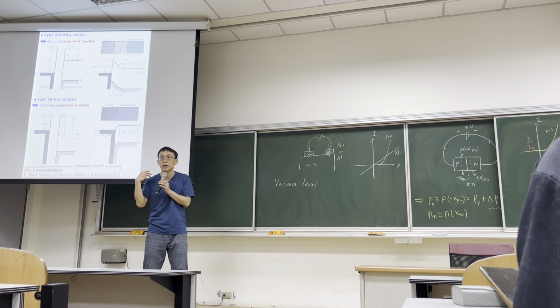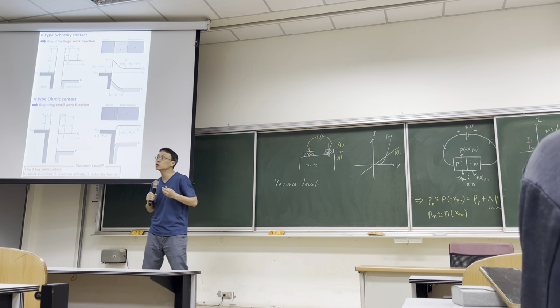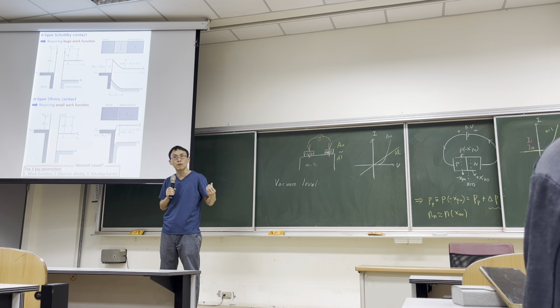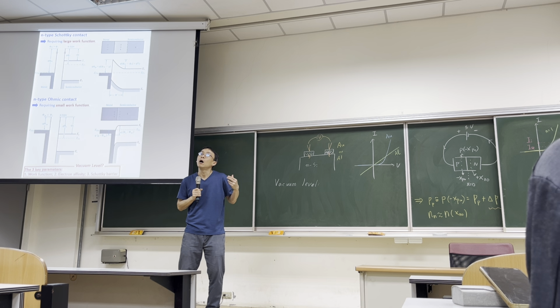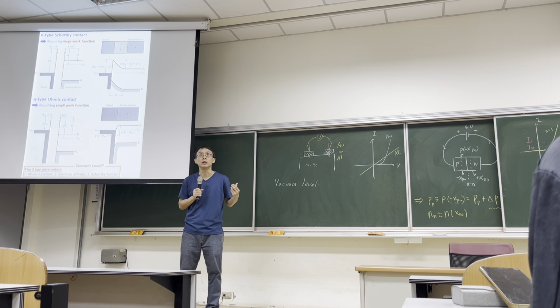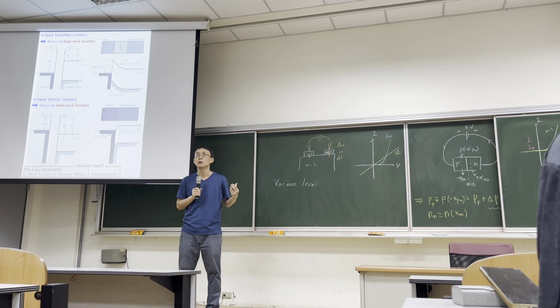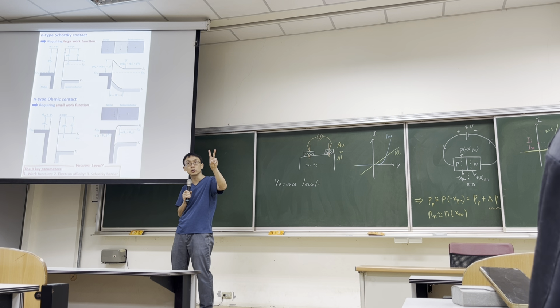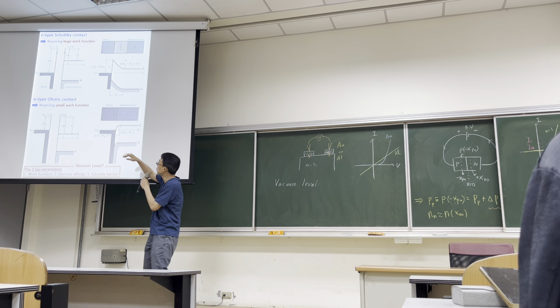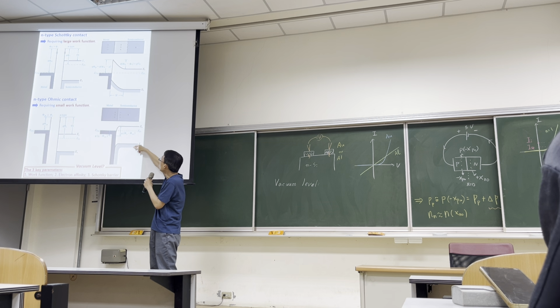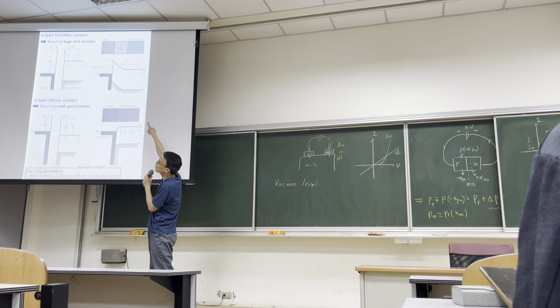If you don't know the answer to the question, you imagine yourself as an electron and see what you will do in this situation, right? So you have two situations to choose. One is the situation in the bottom, one is the situation on the top.